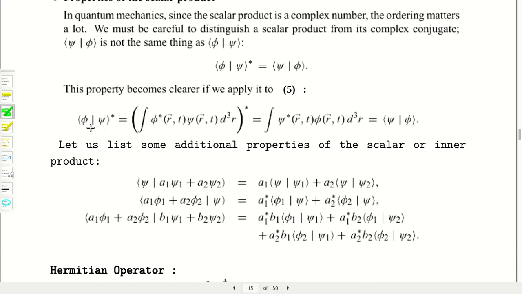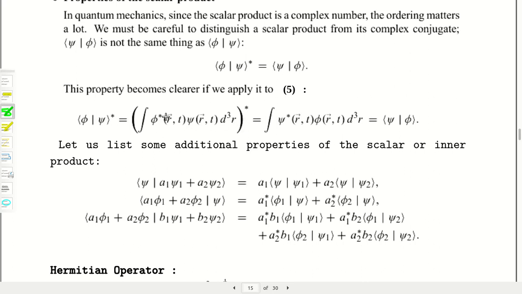How? Let us consider phi psi whole star, then according to the formula, phi star psi integration. Look here, the integration is written in 3D, so dq vector is there, so don't bother about this. So phi star psi integration, within the integration it is there, and whole star is there.